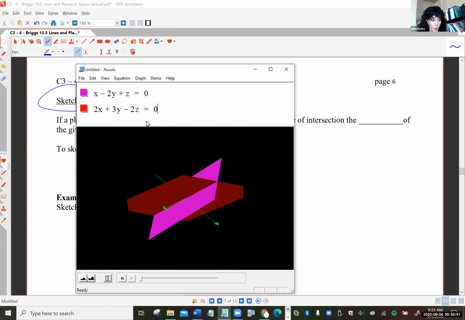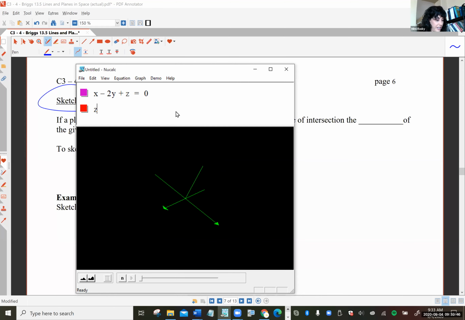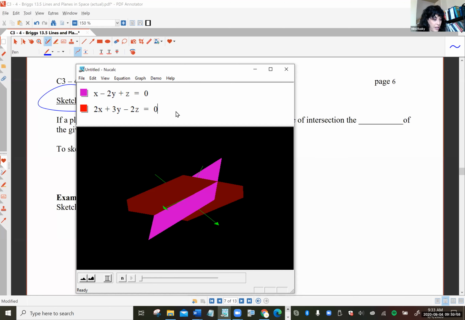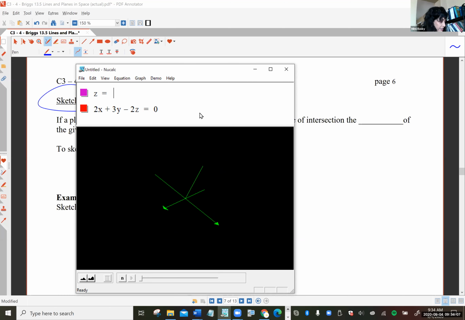Now, what's kind of cool is if I rewrite this plane in terms of z, which is not my favorite. Actually, let me leave that one. Let me just copy it down again. This one is kind of easy to rewrite in terms of z. If I just subtract the x and add 2y to both sides, I'll get the same plane.